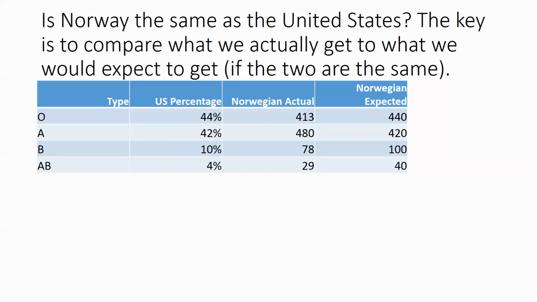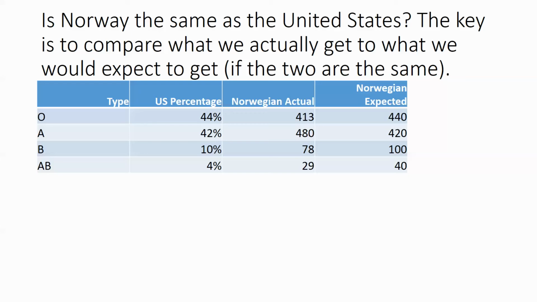So how are we going to compare the two? Well, the actual number of Norwegians in our sample of 1,000 who had type O blood was 413. But if the actual full Norwegian blood type was 44%, the way it is in the United States, we would have expected 440 Norwegians with type O blood.